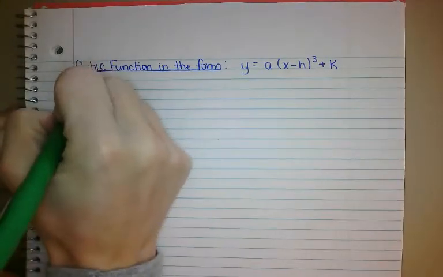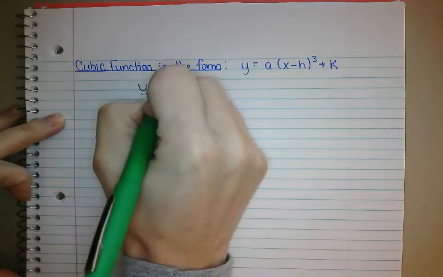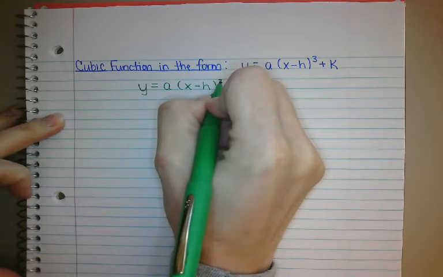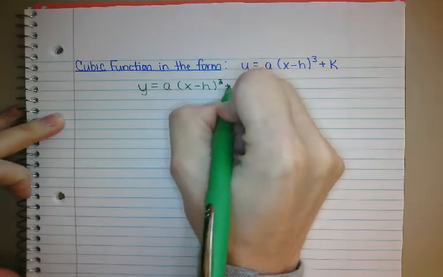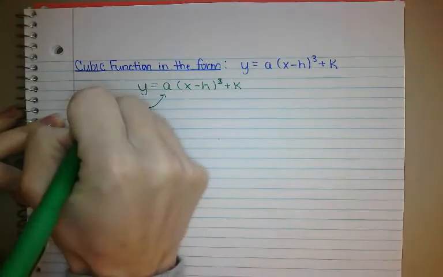So remember that the a tells you if the graph opens up or down. Oops, see, I'm used to writing quadratics. All right, so this tells you if the graph opens up or down.